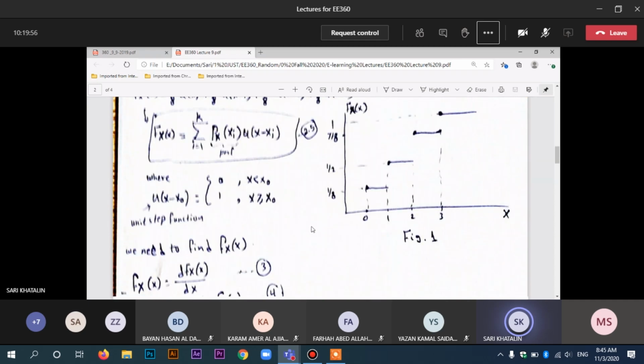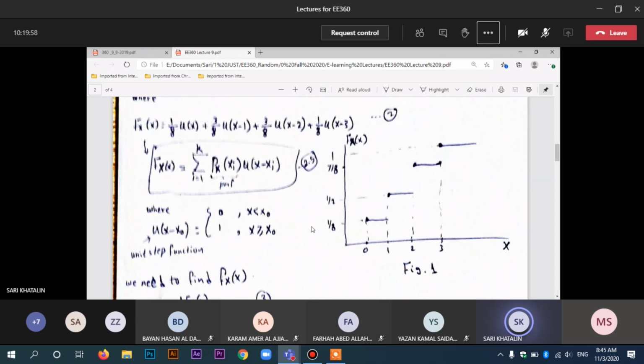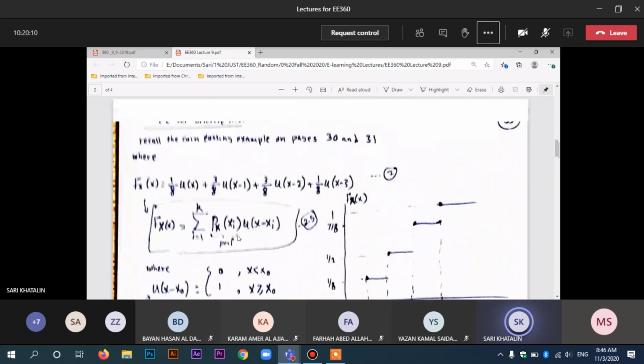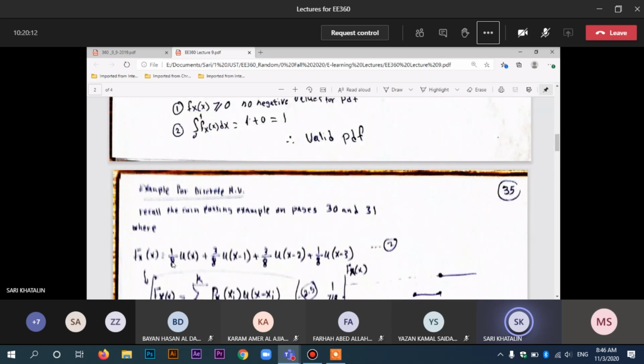Now, we need to find the PDF. And on the last page, we said the PDF, basically, you take the first derivative of the CDF with respect to x. Now, if we go here, these are numbers. So all we have to do is take the first derivative of the unit step function, u of x.